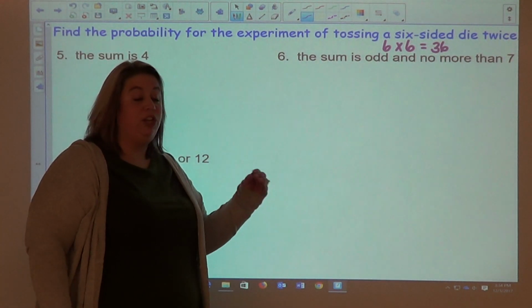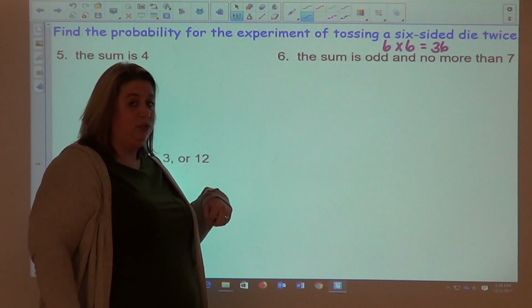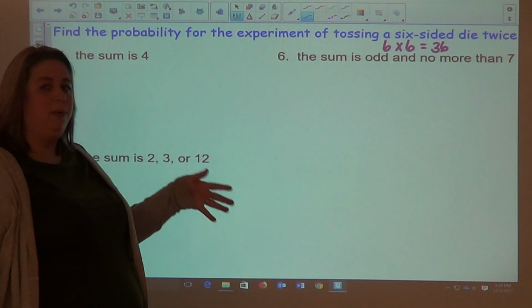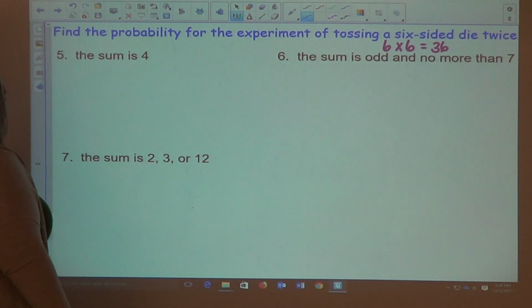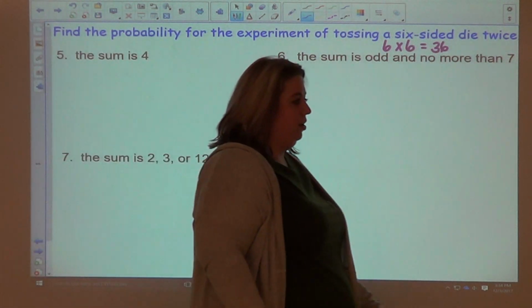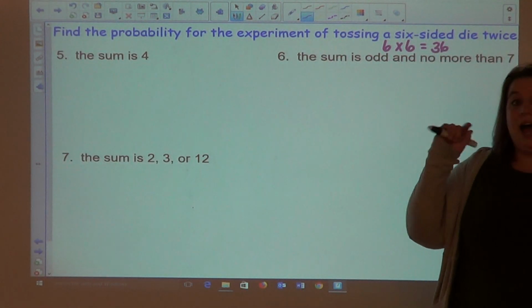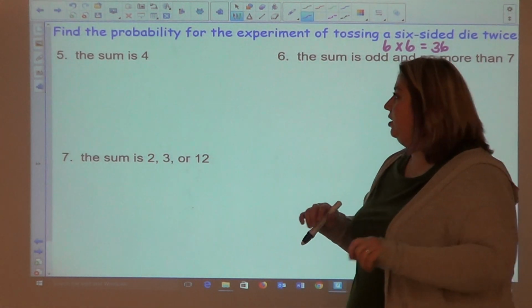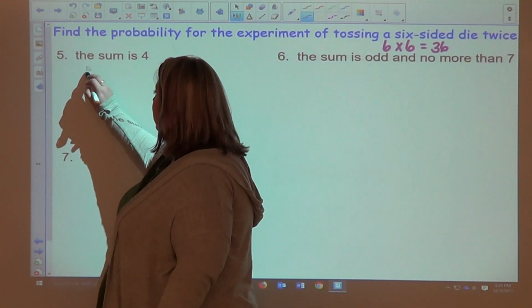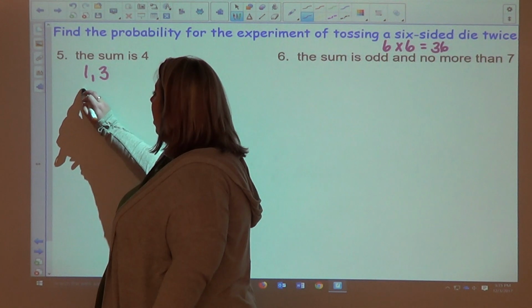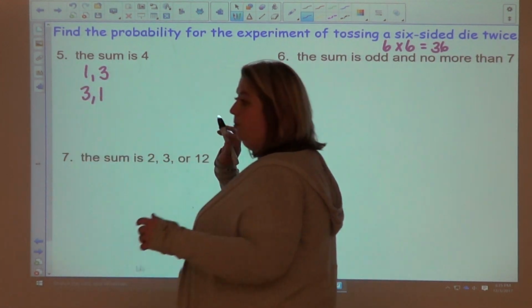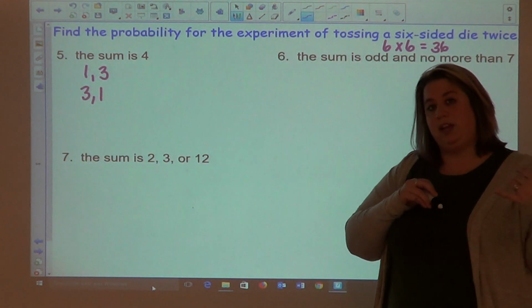Now, you can think through this in your head. Sometimes it's easier for me to write out the scenarios, okay, so that I know how many times it happened. So the first one says the sum of 4. Okay, remember you're rolling 2 dice, so your numbers are between 1 and 6. So I could roll 1 and a 3. I could roll a 3 and a 1, because that's different, because what you roll on the first one is different than on the second one.